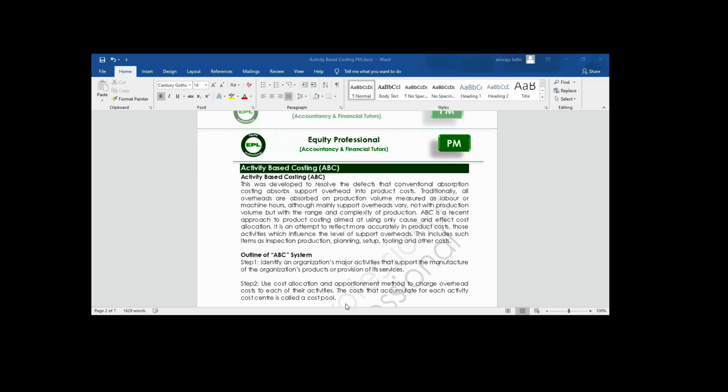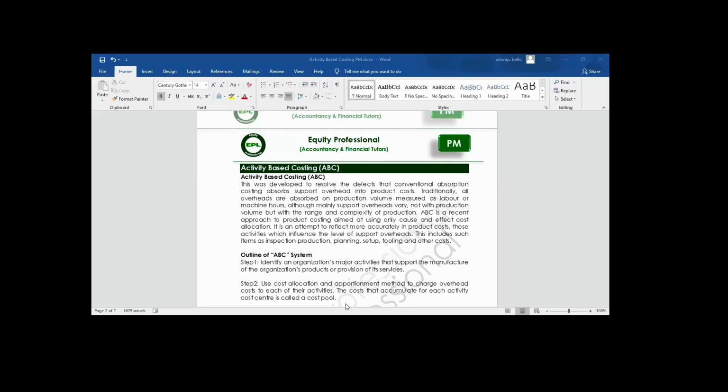The summation of indirect material cost, indirect labor cost, and indirect expenses is called overhead cost.